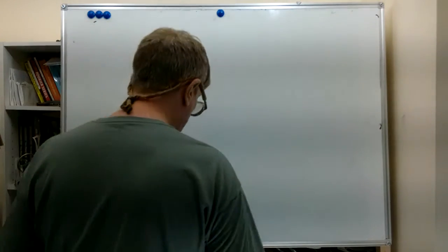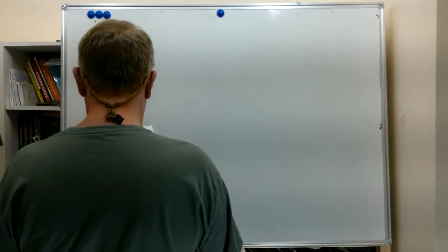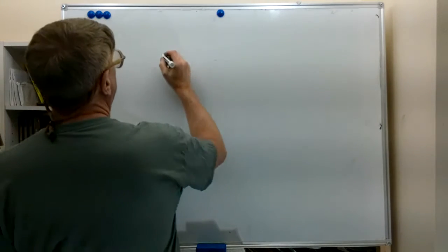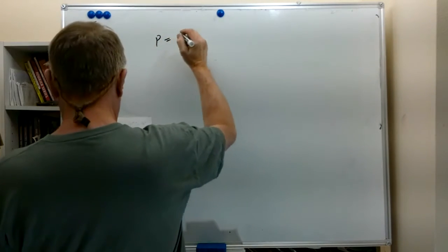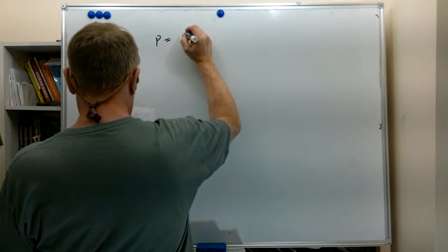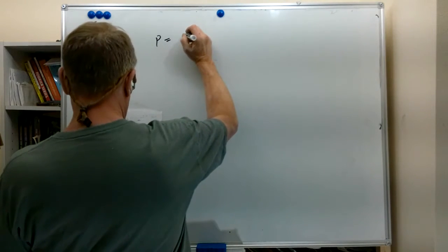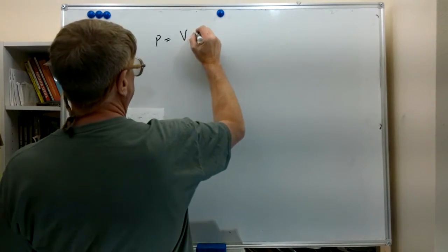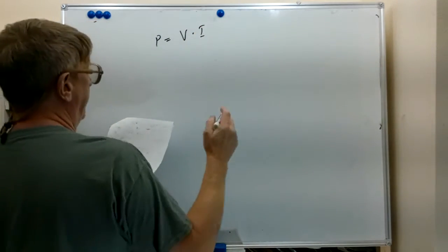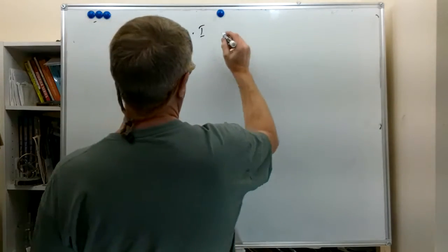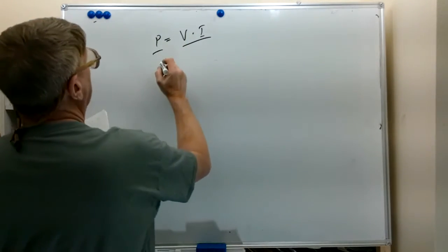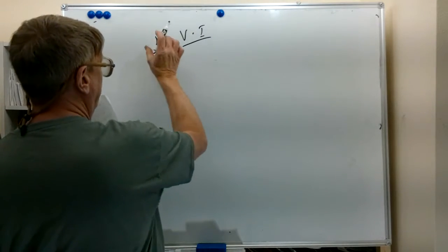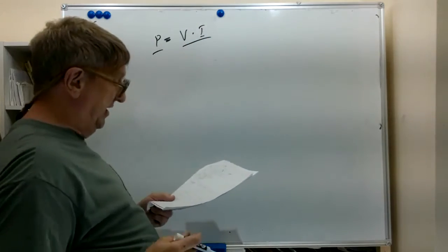Now, we're going to do one more thing here. Power equals VI. And we're going to transpose that, we're going to solve for I. So we're going to divide. Now this equal sign says that P and V times I are the same thing.